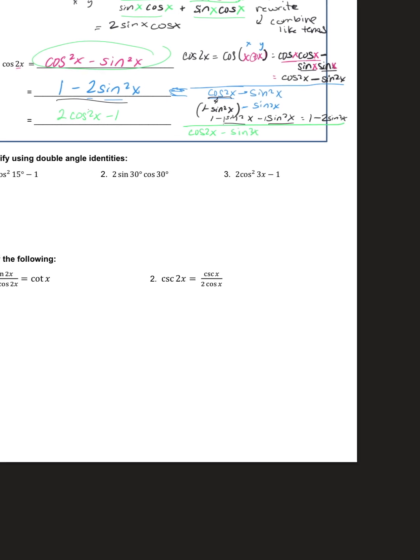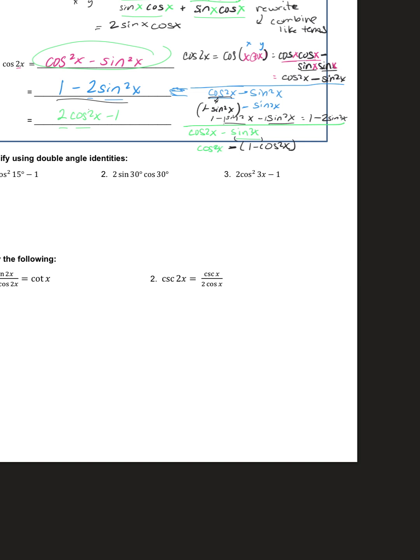Okay, how do I get just a cosine squared x over here? Same idea. I want to get rid of sine squared x. I have cosine, and I actually have 2 of them. So I'm going to use my identity, and I'm going to replace the sine squared x with 1 minus cosine squared x. And notice it's a minus parentheses here, and I'll bring the other one down because we didn't do anything with that.